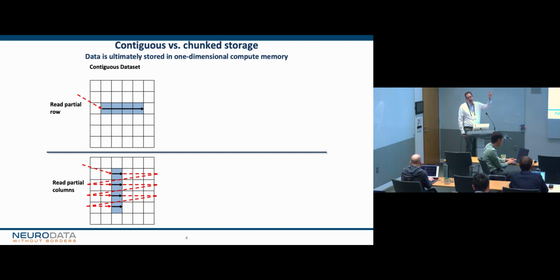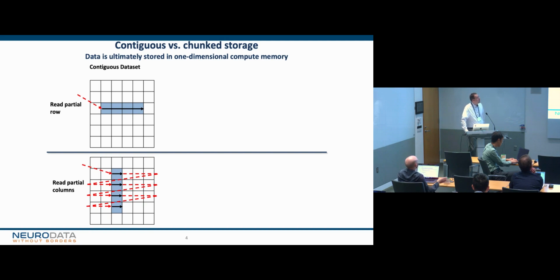I just do one seek and I read that part of my electrode. But then reading a full time slice becomes very expensive because I have to now constantly seek, jump, and read in my data set until I've traversed essentially everything. So depending on how you orient your data, some operations are fast and some operations are slow, just because everything becomes a 1D data stream on the disk at the end of the day.